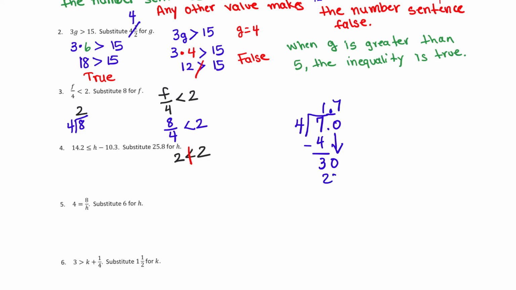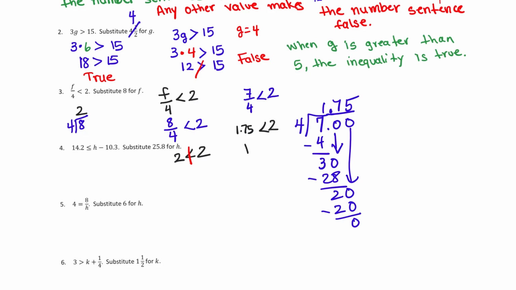I'm not expecting you to do the long division, but I'm expecting you to see that if I use a number less than 8, my answer will be less than 2. If f equals 7, then the answer is 7 divided by 4, which is 1.75. Is 1.75 less than 2? The answer is true.